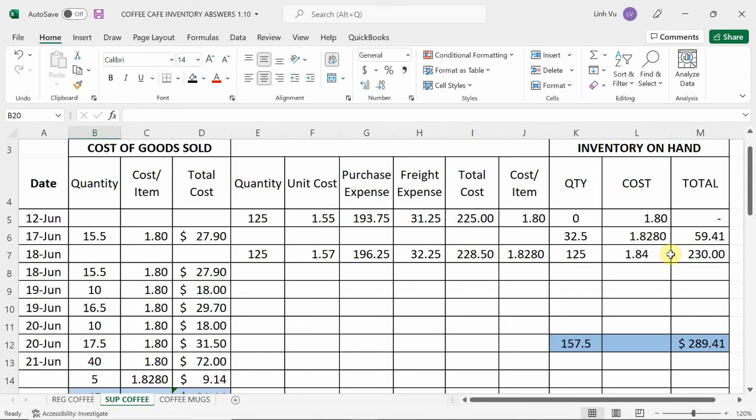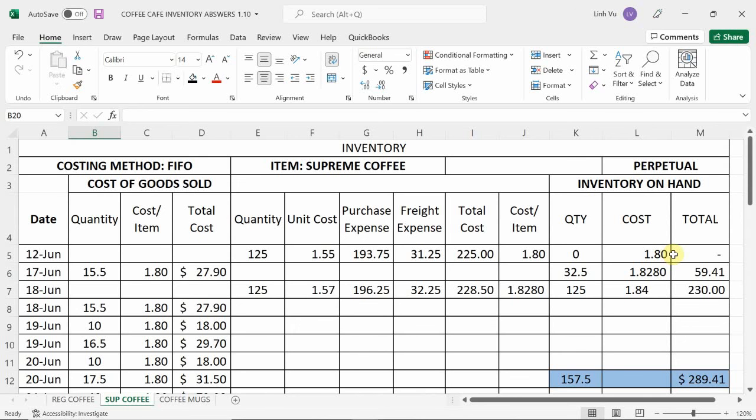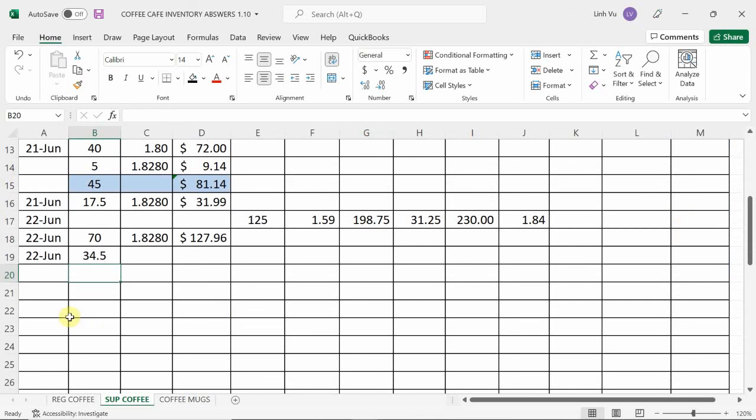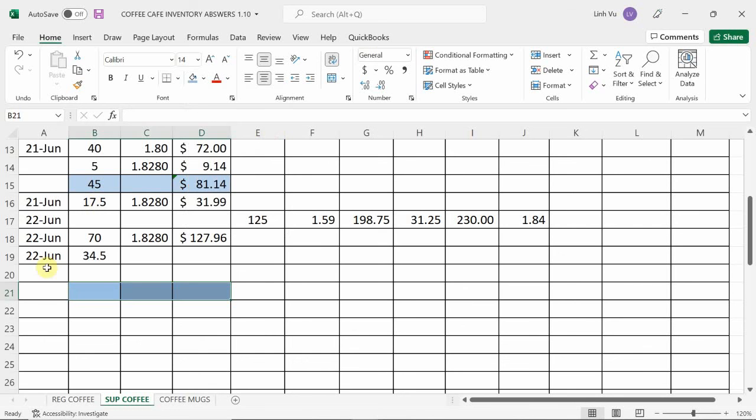What happened here? I don't have enough, right? I have 32.5. That means I need to tap into my third batch of inventory. So I need to create a calculation here. I need to add up 2 batches of inventory to equal up to 34 and a half pounds.